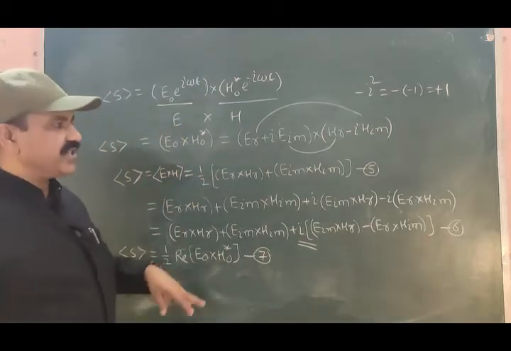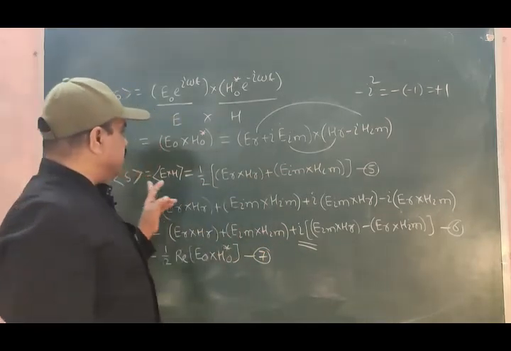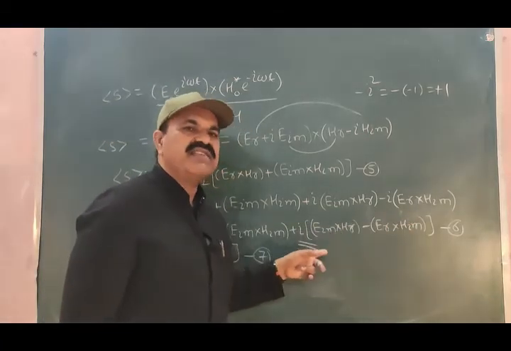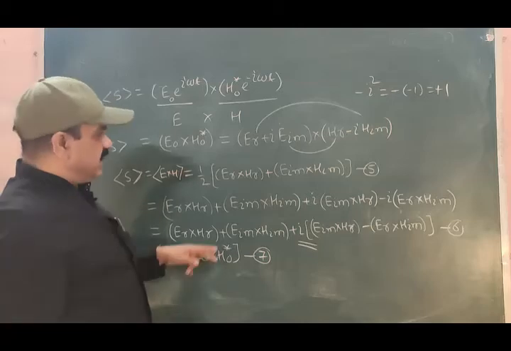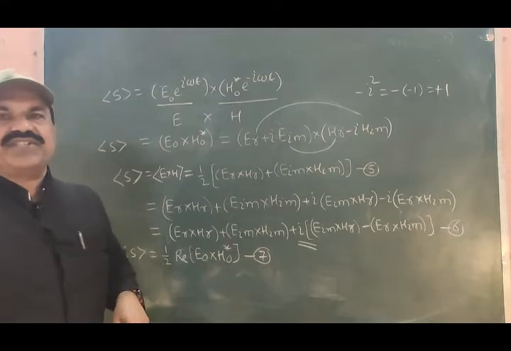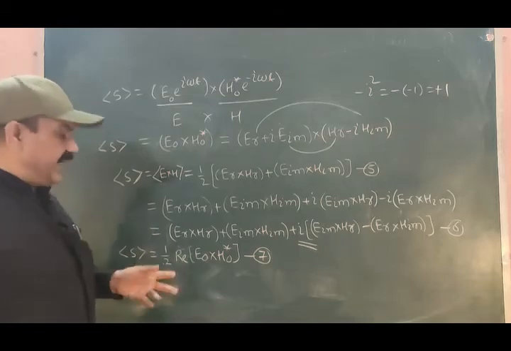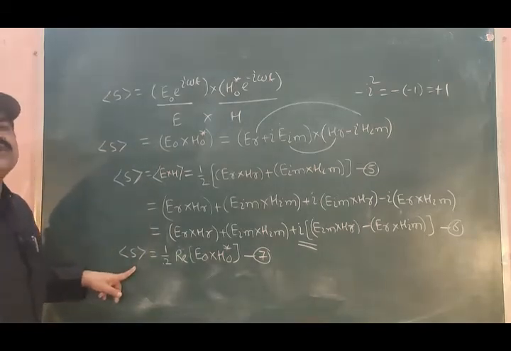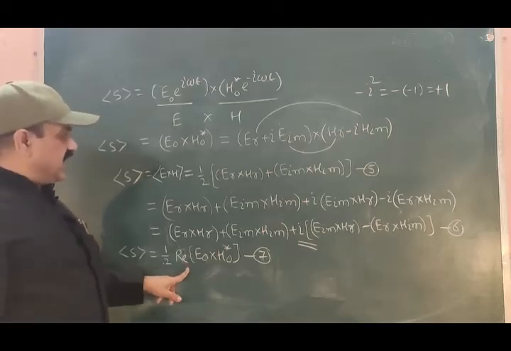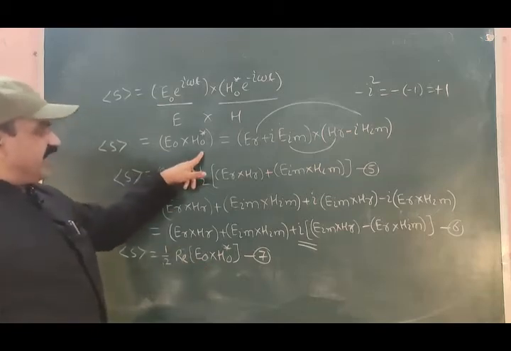Comparing equations 5 and 6, we come to the conclusion that in the time averaging of the Poynting vector, this imaginary part will not come. Then if we compare this real part and this real part of 5 and 6, except this 1 by 2, they are the same. And therefore, the time average value of the Poynting vector is simply 1 by 2 times the real part of E0 cross H0 star.